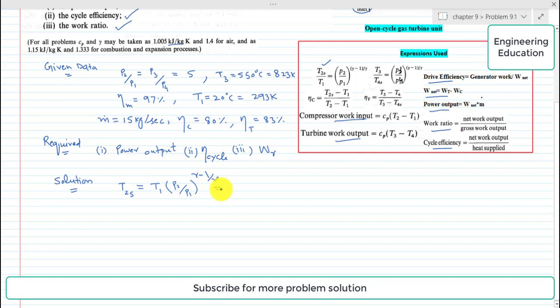Now putting the values, T1 is 293 Kelvin, pressure ratio is 5, gamma value for air is 1.4, minus 1 by 1.4. So simplifying this, the value of T2S comes out 464.05 Kelvin.